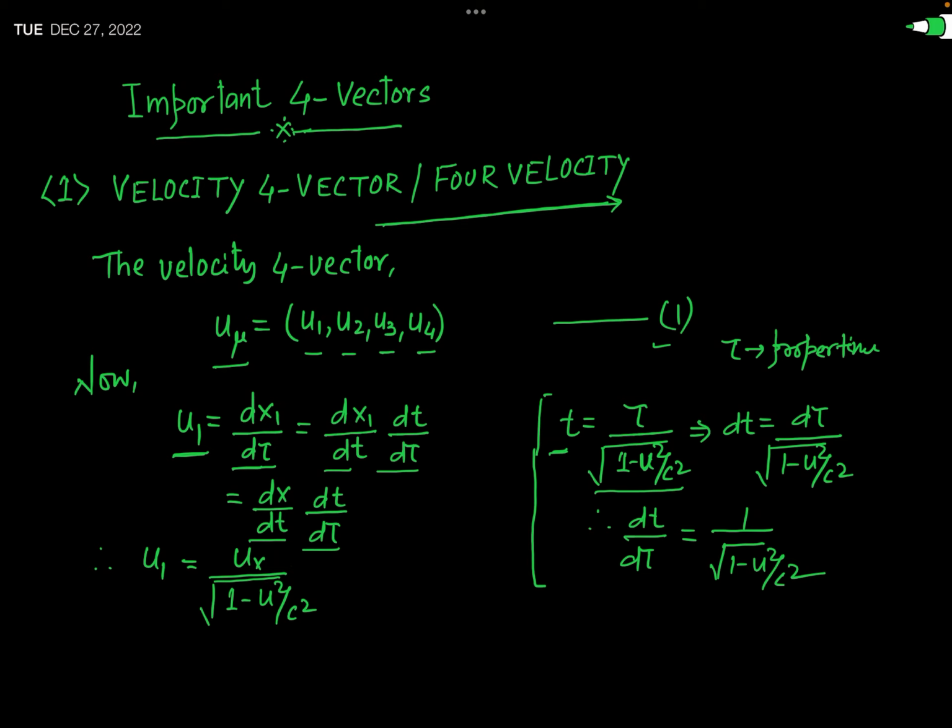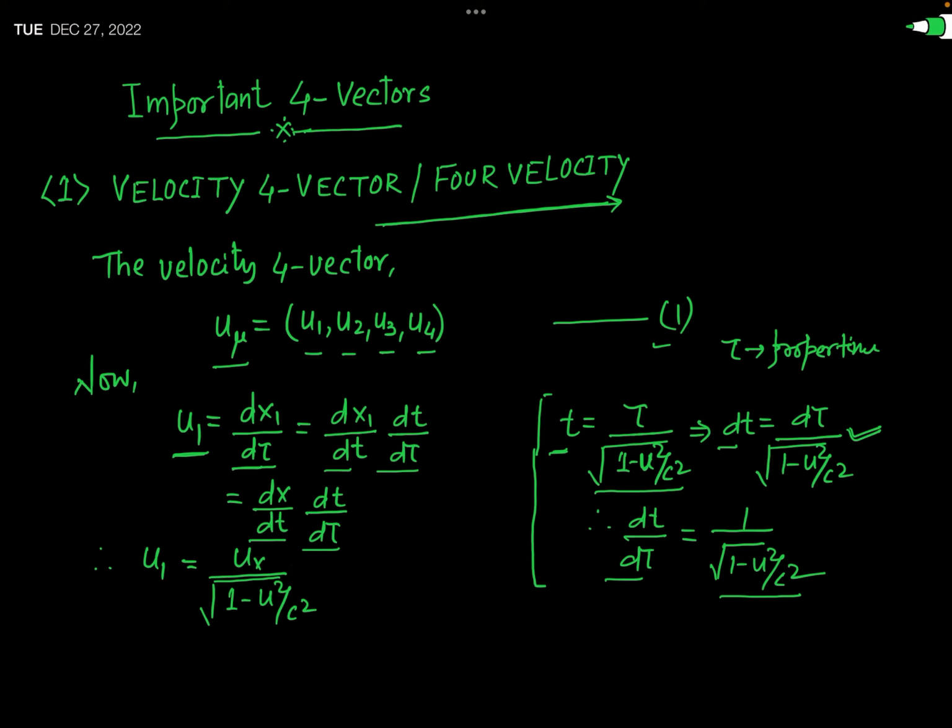So if you take the differential, then you will see that dt will be simply equal to d tau over square root of 1 minus u square by c square. And therefore you can see this dt by d tau will be simply equal to 1 over square root of 1 minus u square by c square.